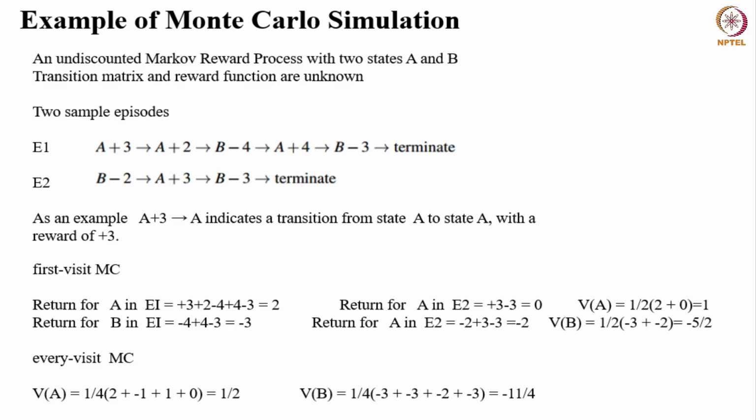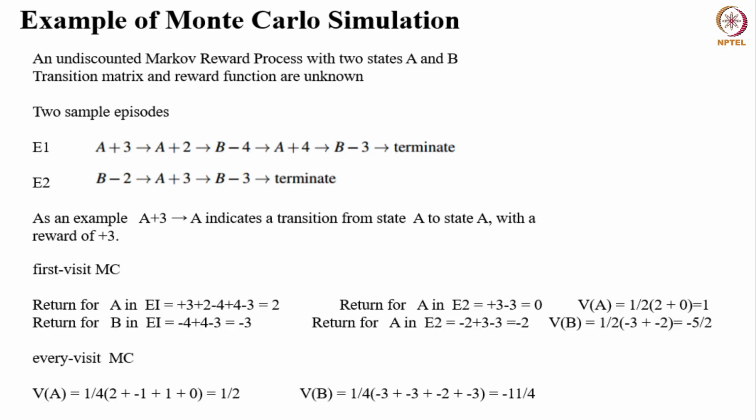Then you can see a pretty detailed calculation of how things are done for the first-visit Monte Carlo method. There you can see that you calculate the return for the first state in the first episode, and then you calculate the return for A in the second episode, and the interesting item here is the average of those.